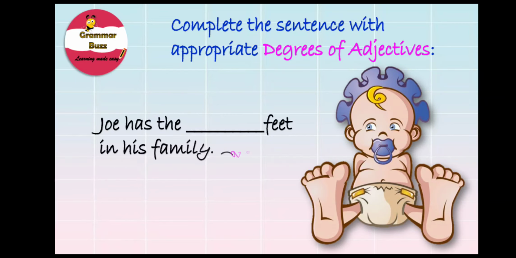Moving on with the next sentence. Joe has the dash feet in his family, and your positive degree of adjective is big. What could be the correct degree of adjective to fit into this sentence? Can you find it out? Can you spot it for me? Yes, you're right. It is biggest. Bravo. Well done.